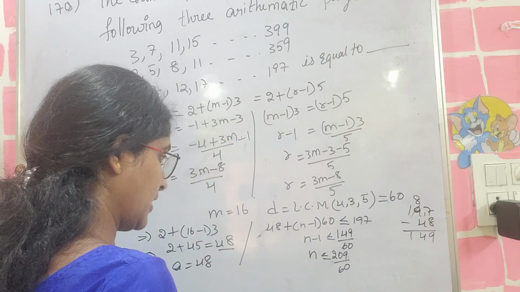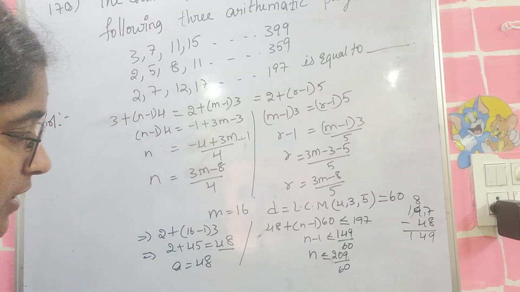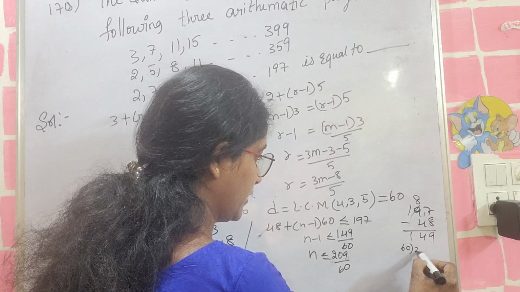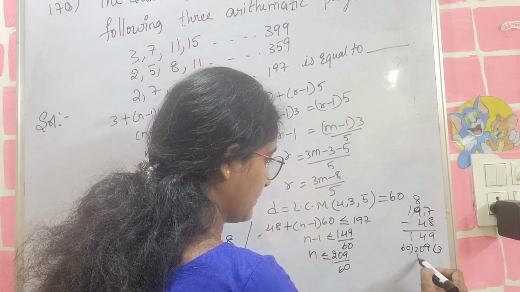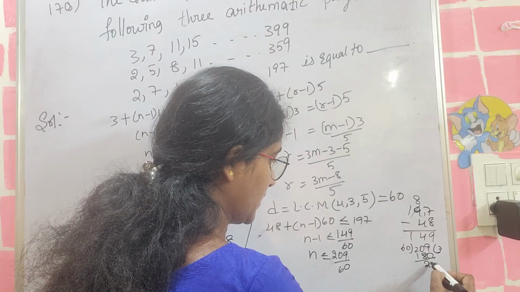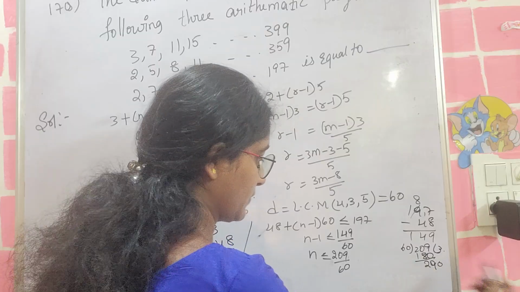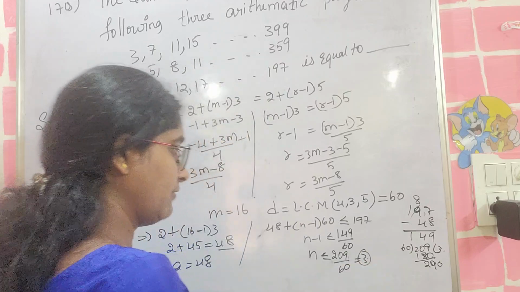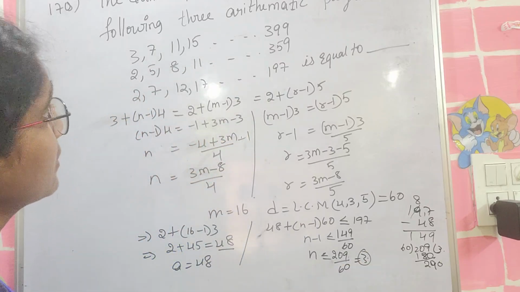Then if I divide 209 by 60, 60 threes are 180, so we get 3 point something. The round figure is 3, so n value is 3. Then there are 3 terms only.